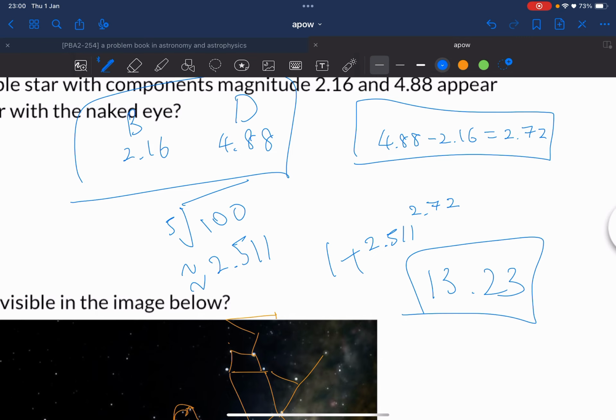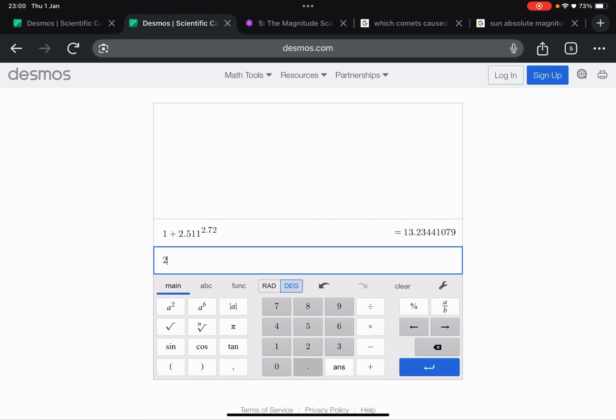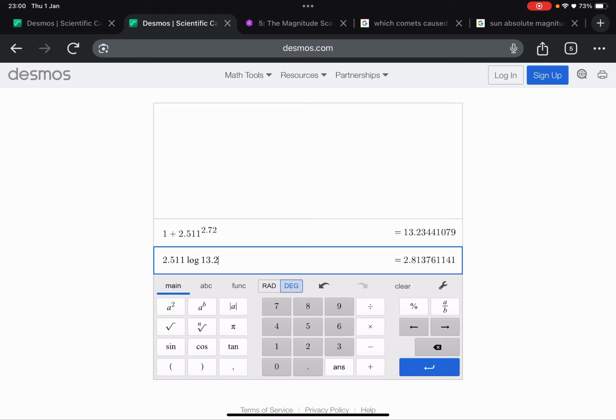So if we want to convert it back, we need to do it like this and take 2.816. Yeah, okay, this works. Okay, great, fantastic. Yeah, so you can do this as well.